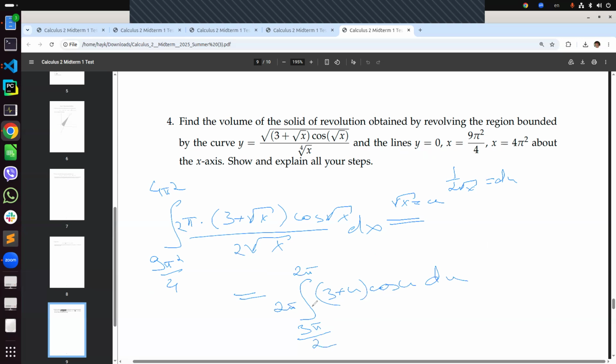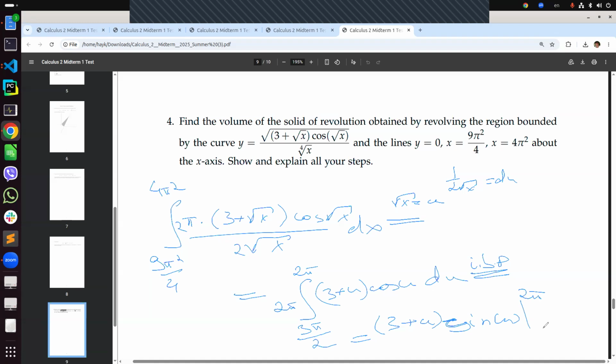Okay, and how can we calculate this remaining integral? IBP. Yeah. Cosine is the derivative of sine, so cosine we can write as the derivative of sine u.